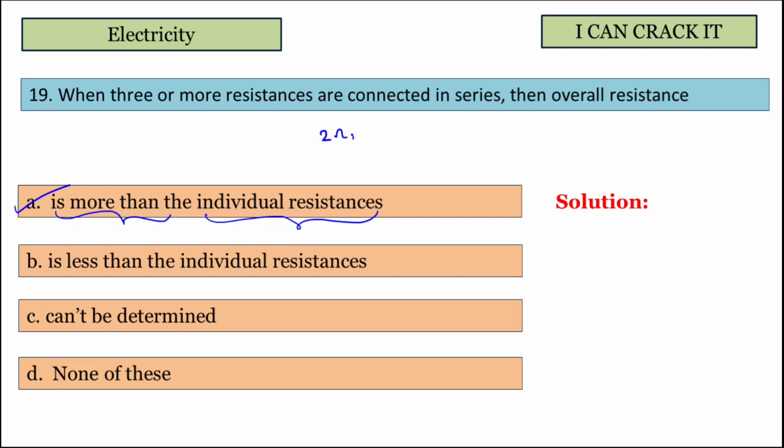Let's say I am connecting 2 ohm, 3 ohm, 4 ohm in series. 2 plus 3 is 5, 5 plus 4 is 9 ohm. This 9 ohm is more than all of them here, right? So the overall resistance is more than the individual resistances. Option A.